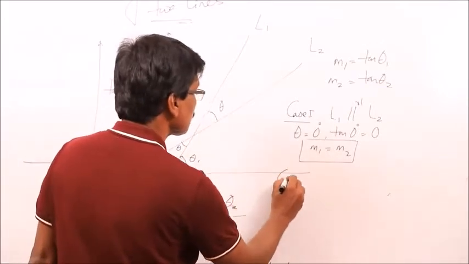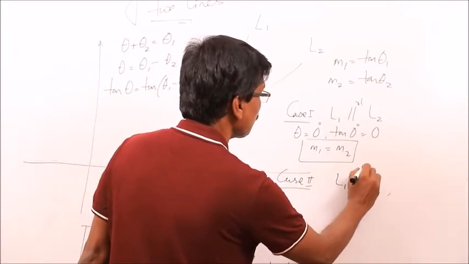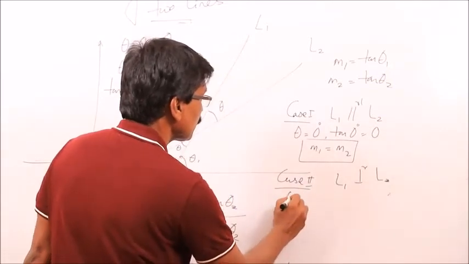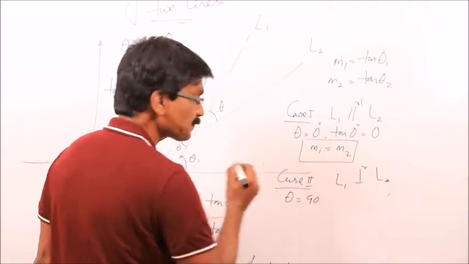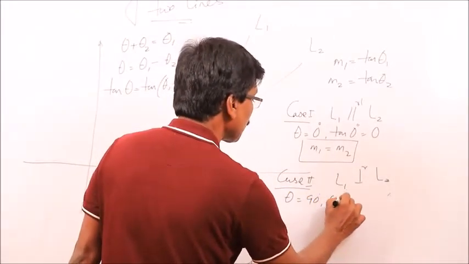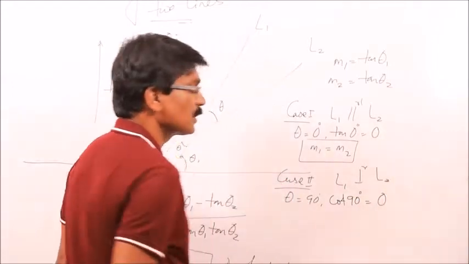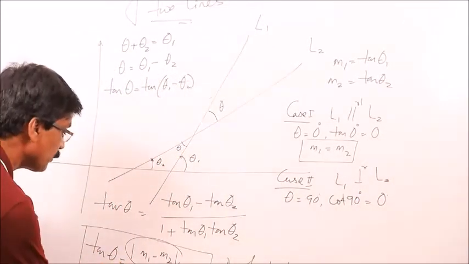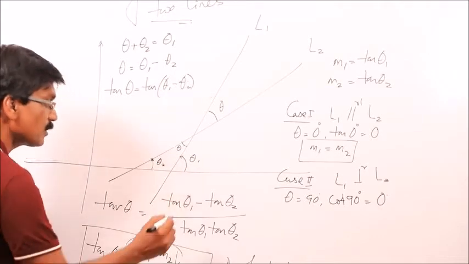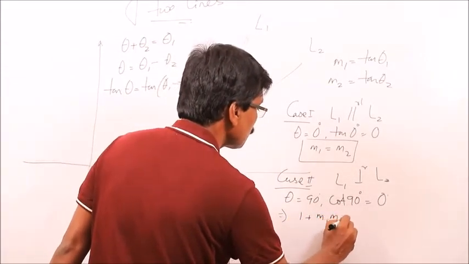Similarly, second case is L1 is perpendicular to L2. Here theta is equal to 90 degree. So, cot 90 is equal to 0. So that means the denominator part is equal to 0. That means 1 plus m1 m2 is equal to 0.